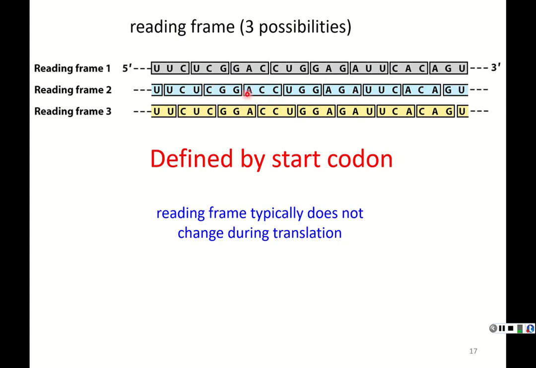That's what's referred to as a reading frame, where you start reading the codons. To get around this problem, everything has to be defined by a start codon. The reading frame typically doesn't change during translation. You start at the start codon, and then the reading frame continues on from there.